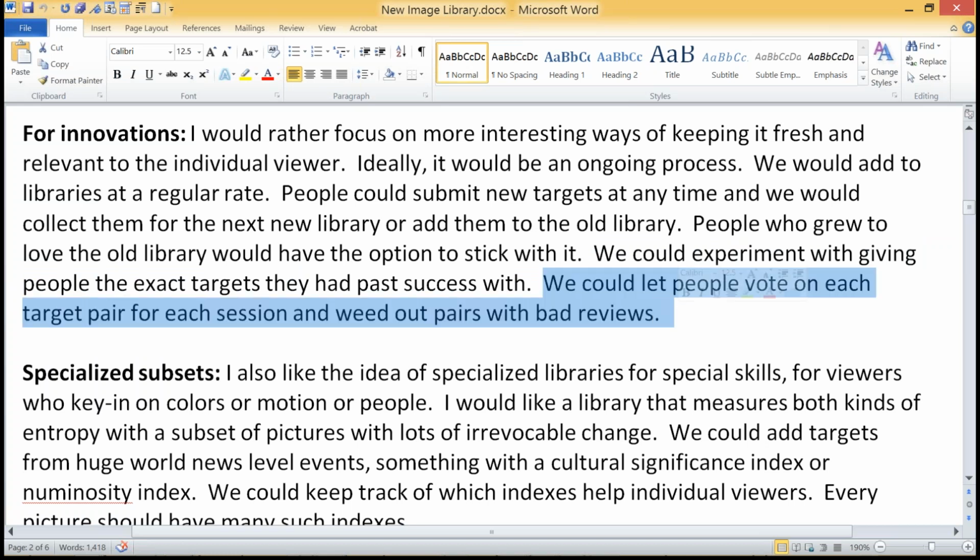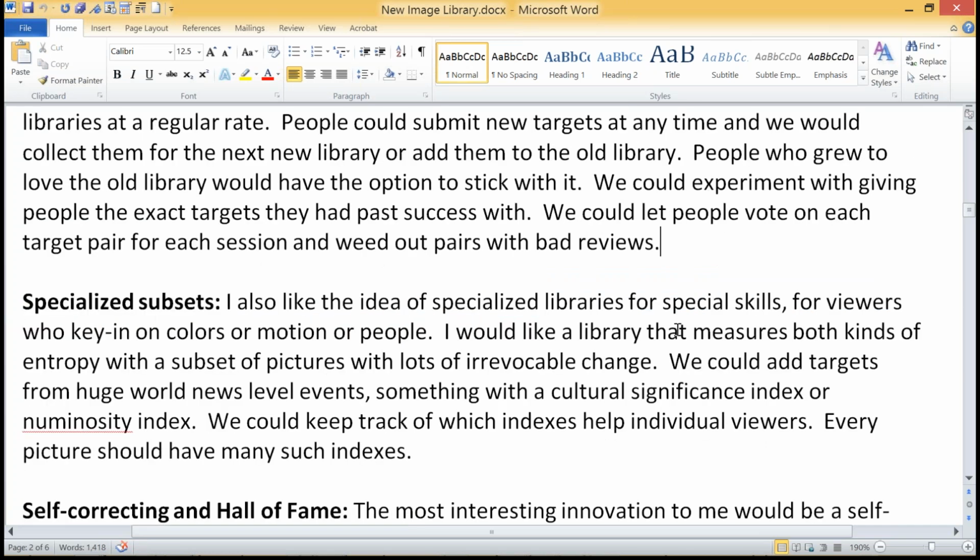Now here's something I thought Marty could add right away to the comments section. Right now in the feedback page, people can make comments on how well they match the target. But it would be easy to have people vote right there on whether they thought it was a good target pair or not. They already could say so in their comments, but that's harder to keep track of.